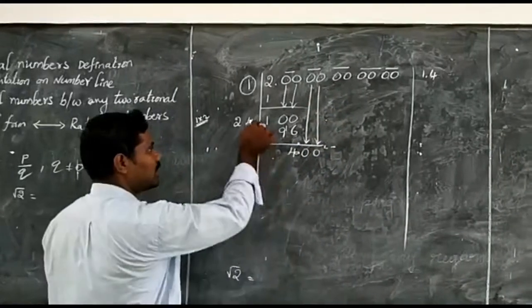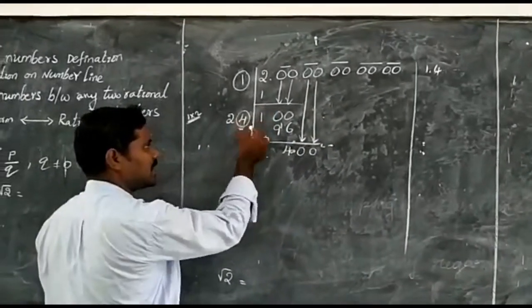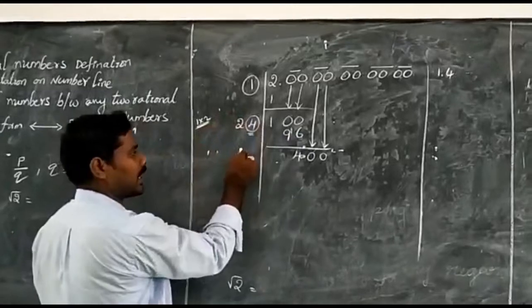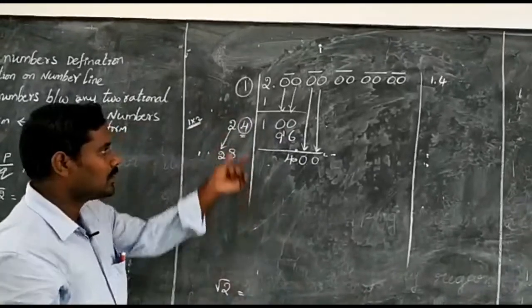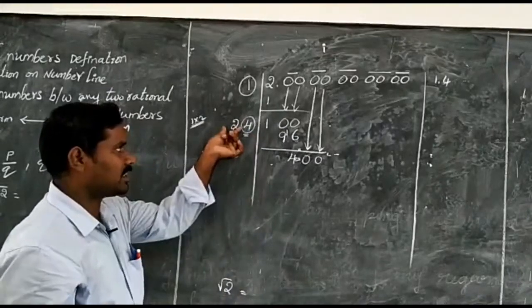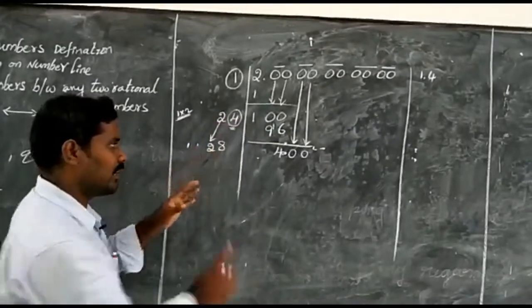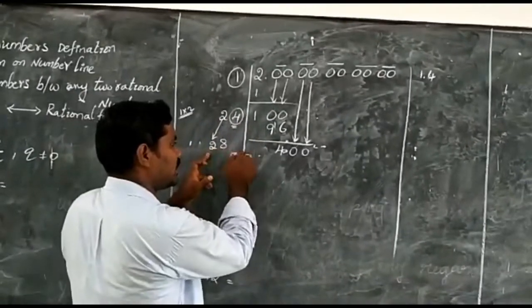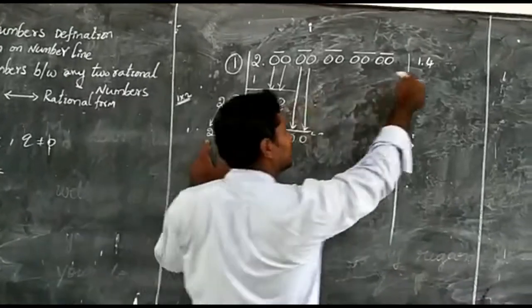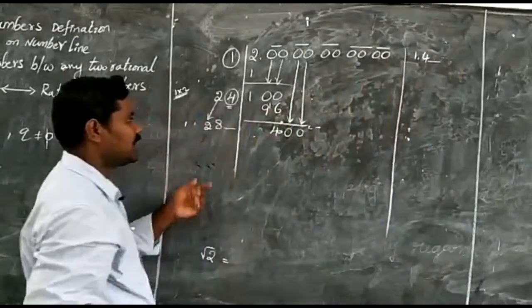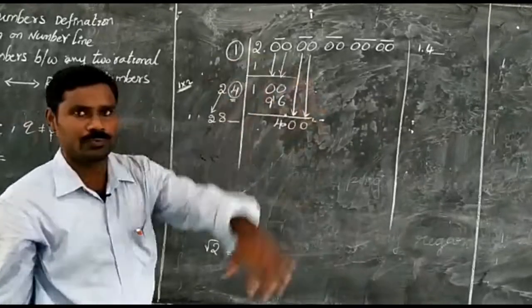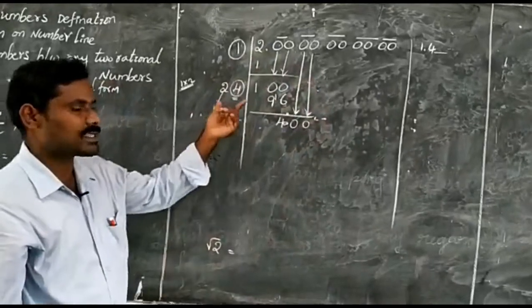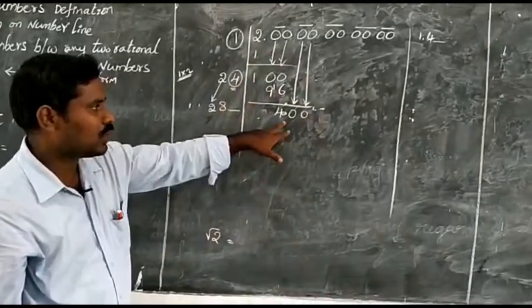Again the same, double the units place: 4 twos are 8 and the tens digit is as it is. Double the unit digit and the tens digit is as it is. Now again the same, 28. If you take 2 here, 282 into 2 is 564, but it is only 400.